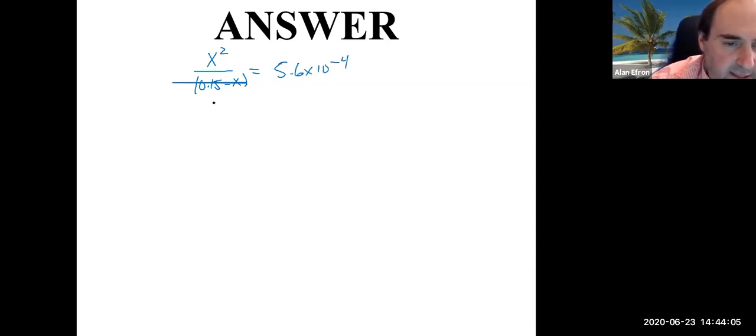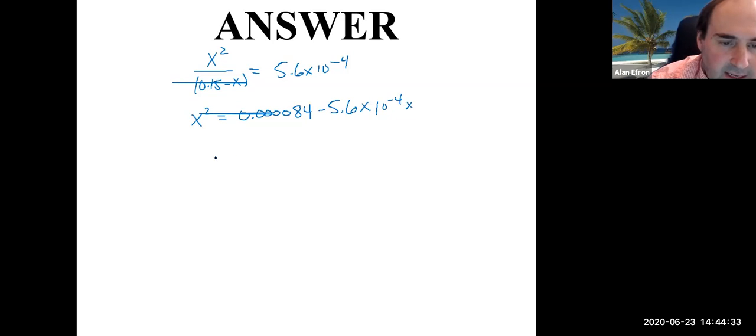We're going to multiply the entire bottom to the other side, and that will get us x squared is equal to 0.00084 minus 5.6 times 10 to the minus 4 x in this case.